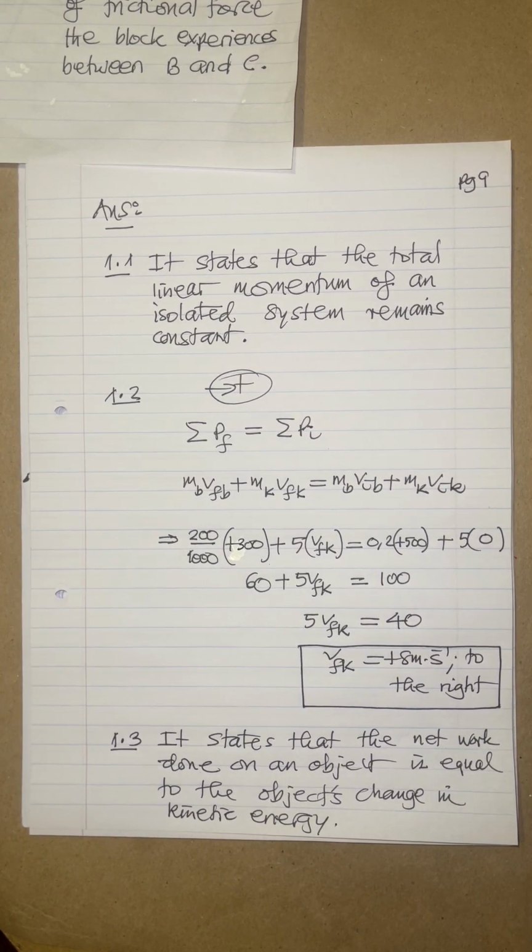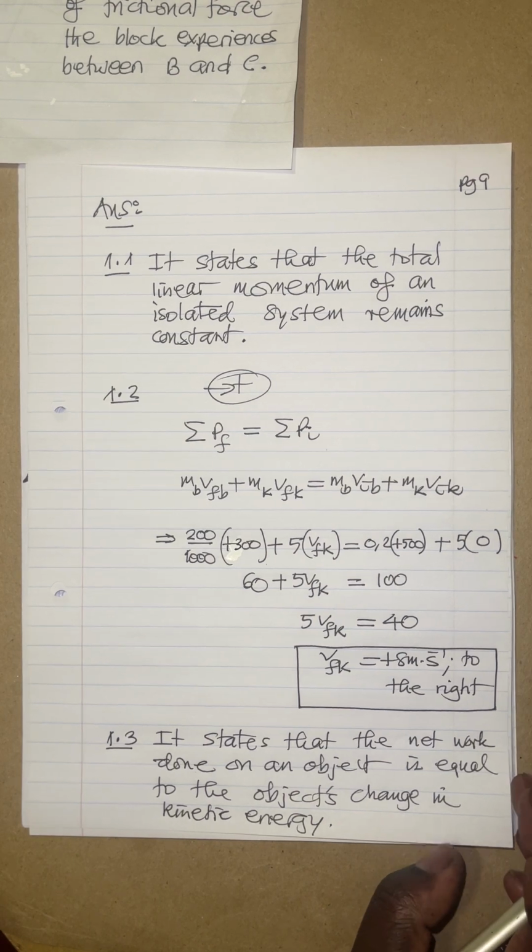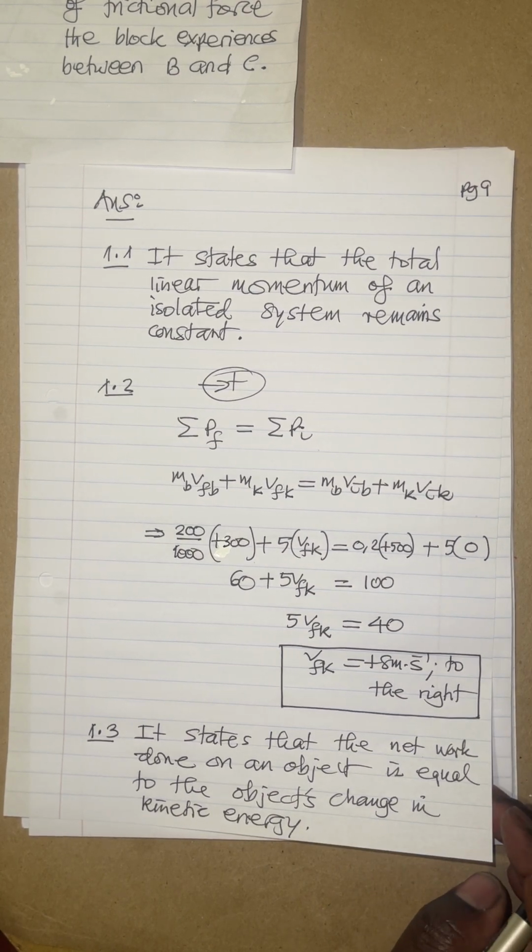Notice I've stated it slightly differently, but the message is the same. It states that the work done by the net force acting on an object is equal to the change in kinetic energy of the object. Same thing.